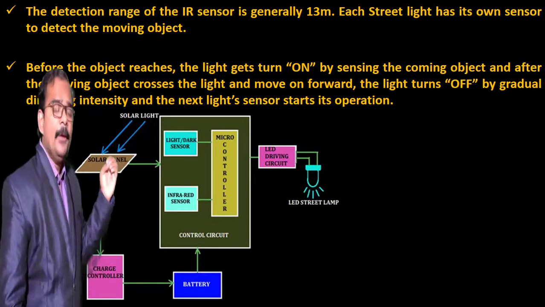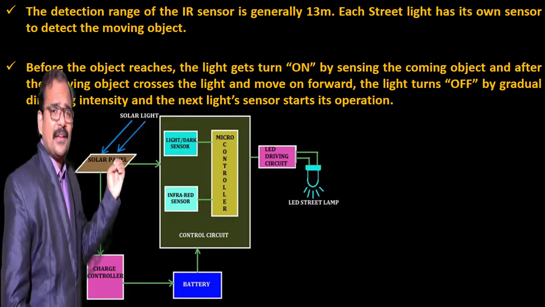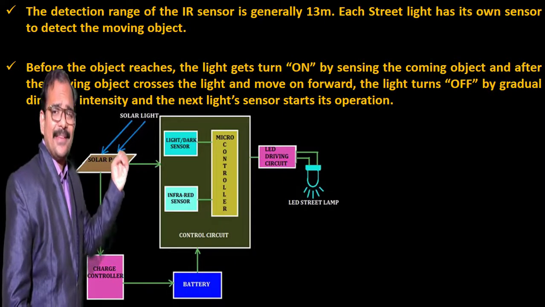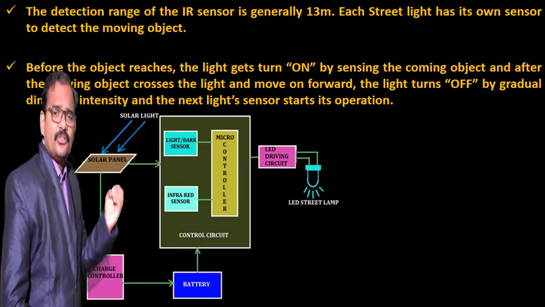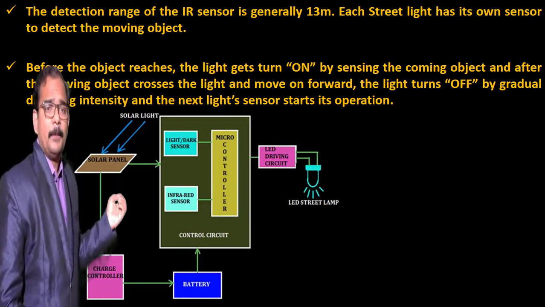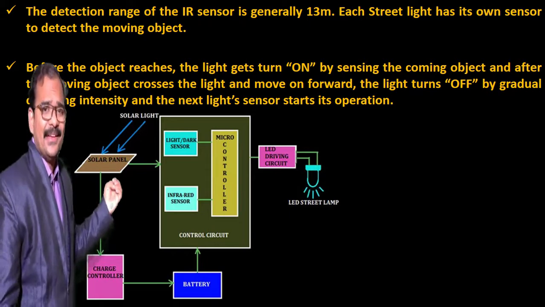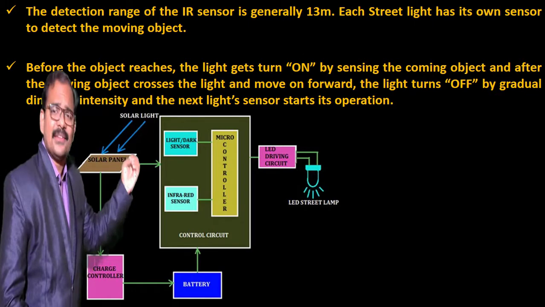For example, before the object reaches street light number 1, the light gets turned on by sensing the coming object, and after the object crosses the light and moves forward, the light turns off by gradual dimming of intensity and the next light's sensor starts its operation.